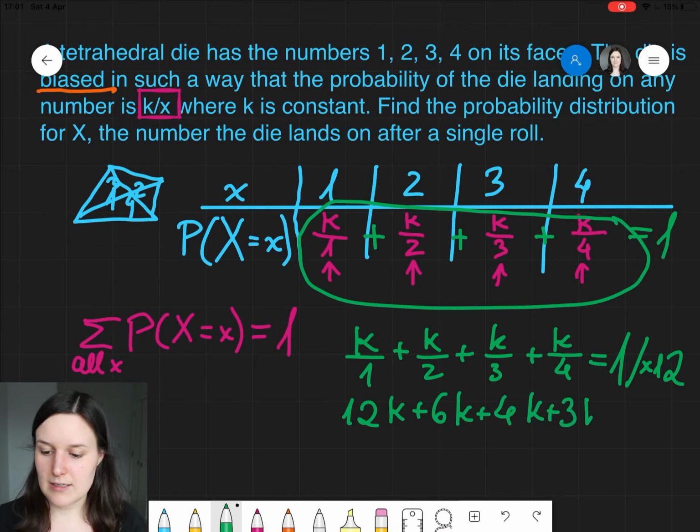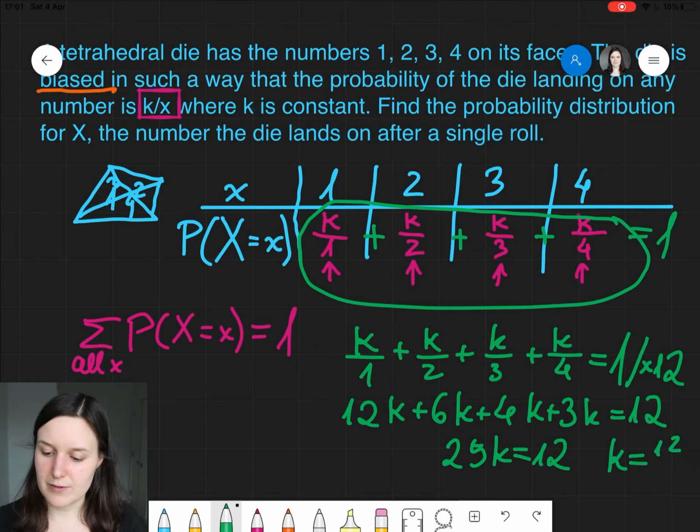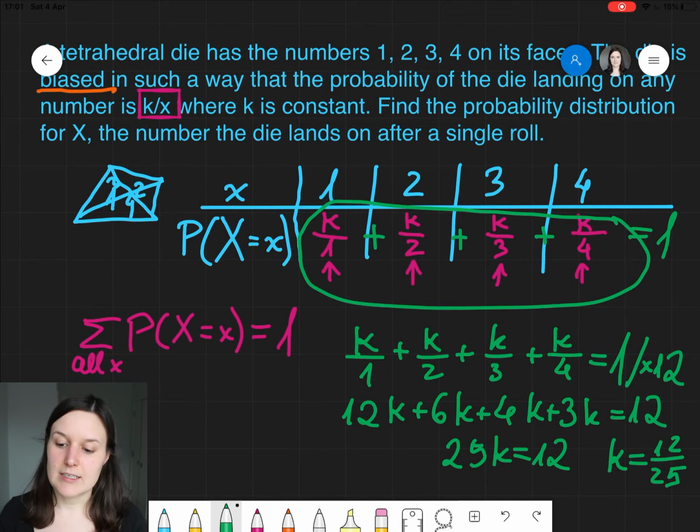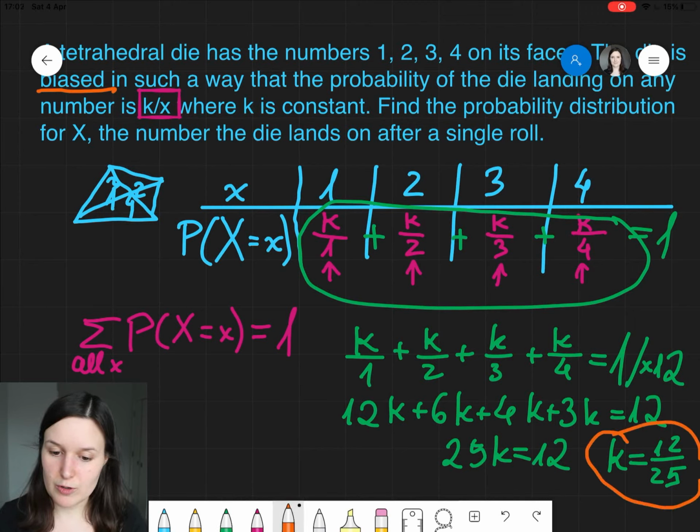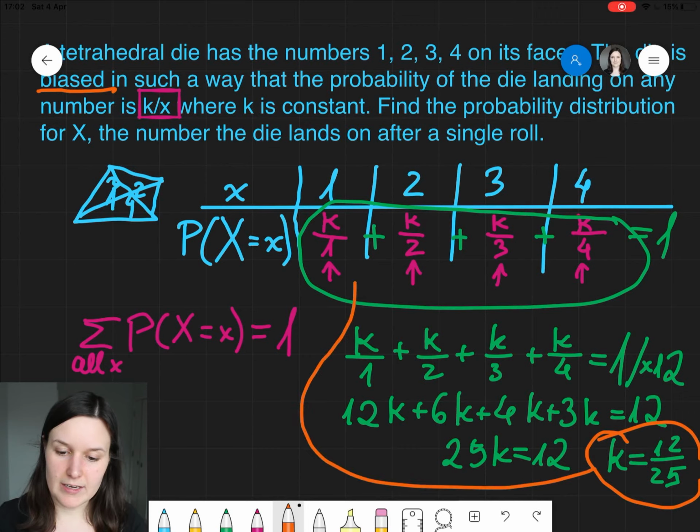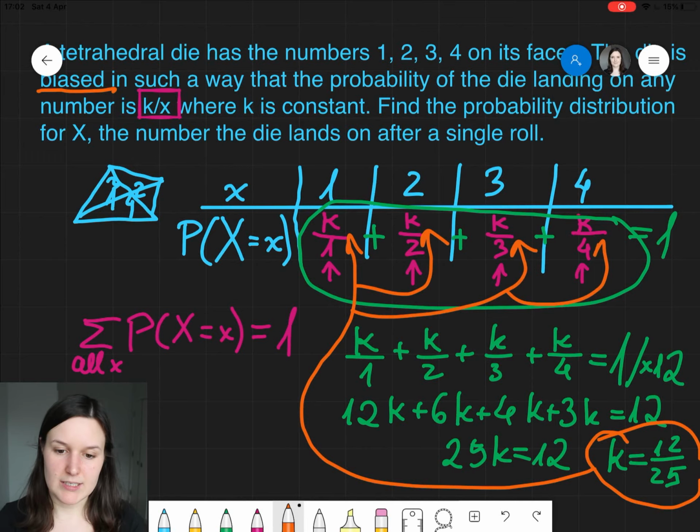And then I have 12 plus 6 plus 4 plus 3, which is 25, so 25k is 12. That means that k is 12 over 25. So now I can substitute 12 over 25 for k in my table, and in this way I will prepare a probability distribution.